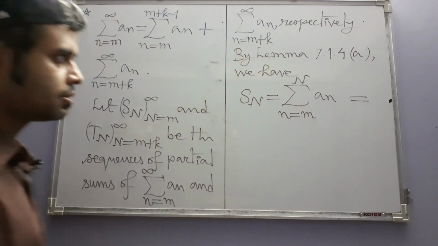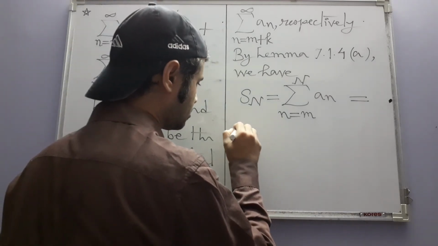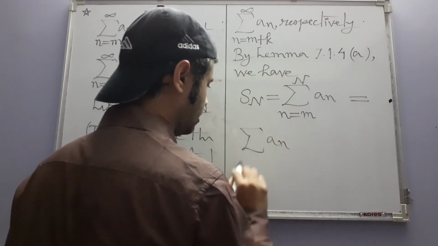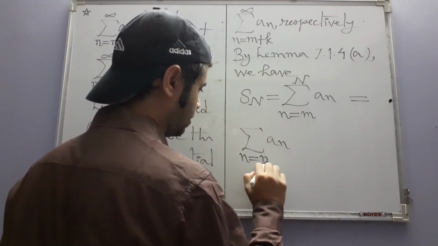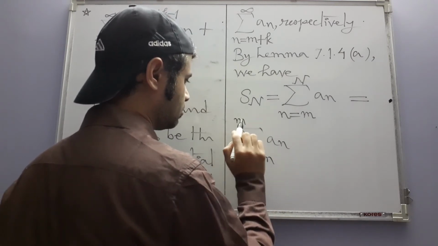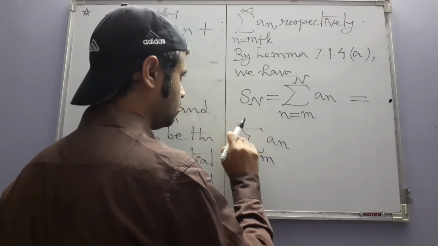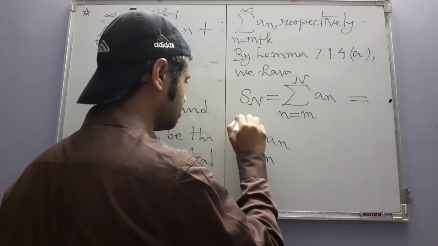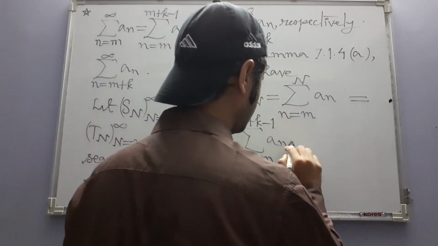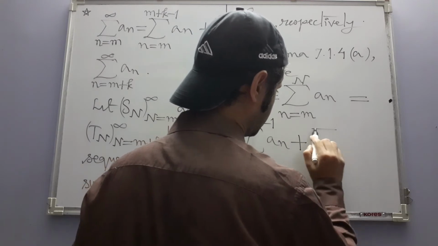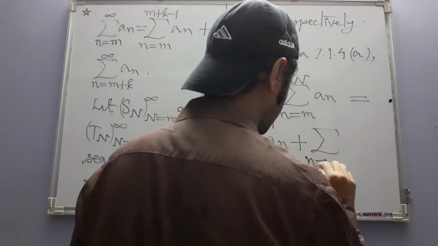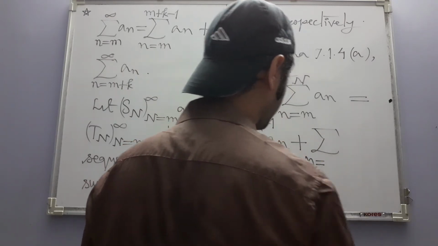Okay, so this is equal to summation n varies from m to n plus k minus 1, plus summation n is equal to, then I have to write here n plus k.